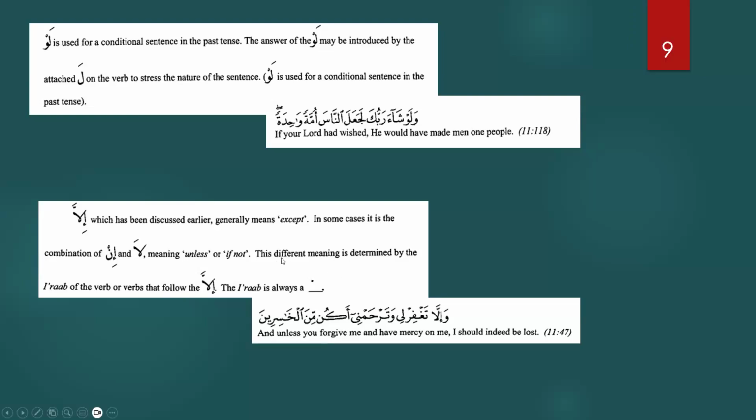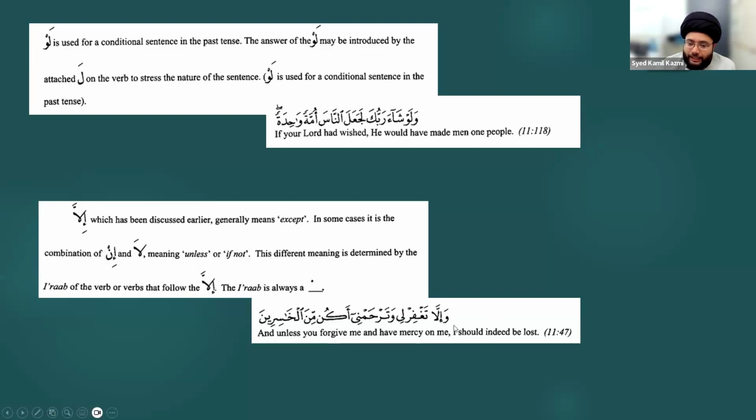But in other cases, illa is written like this, but in fact, it's actually in and la written together. That's two very different things. Illa as an except, and when it's actually in and la written together, it's unless or if not. How do you know which one it is? You look at the effect.